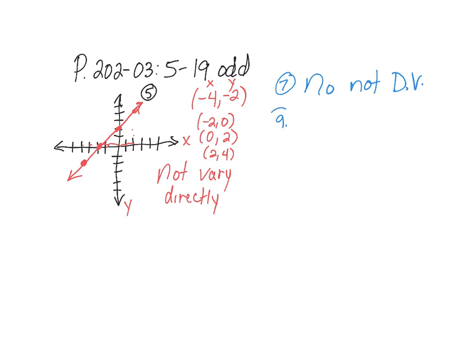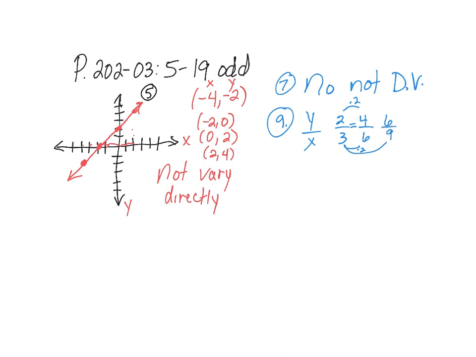Number 9, we're going to put y over x. So we put 2 over 3. That is reduced. It's 2/3. The next one's 4 over 6. 3 times 2 is 6, isn't it? So is 2 times 2 4? Yes, so those are equal. The next one's 6 over 9.